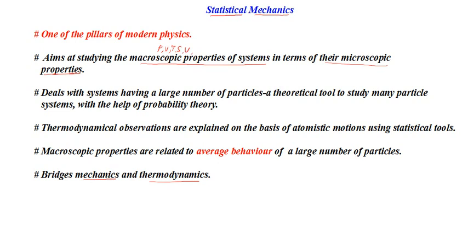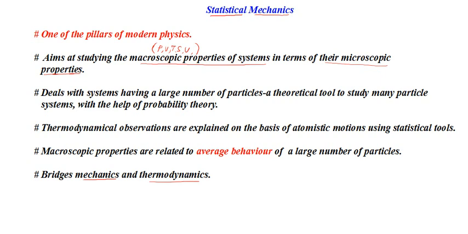All these are macroscopic properties of the system, right? And statistical mechanics is trying to connect the origin of these macroscopic properties to microscopic fundamental properties, like position of particles and momentum of particles, and how they are related.